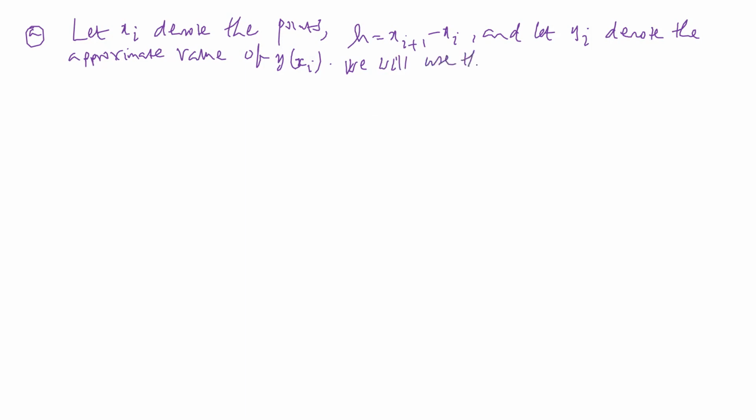We'll use the following approximations: the second partial derivative of y with respect to x squared, evaluated at x equals xi, is approximately this.